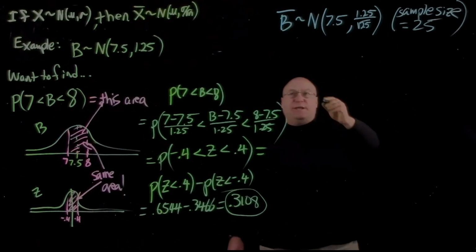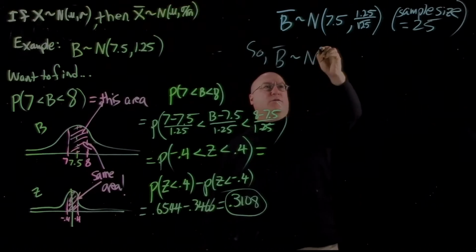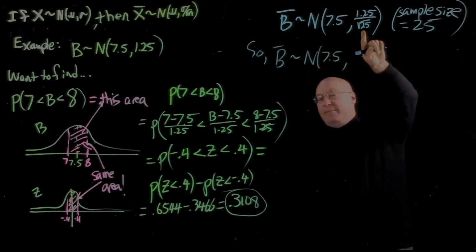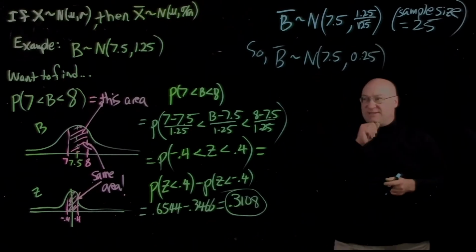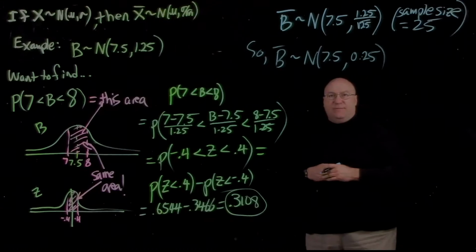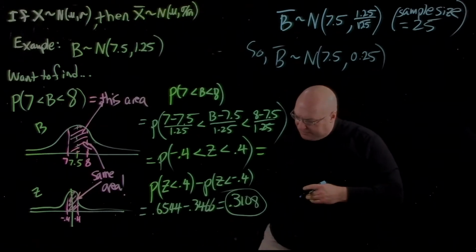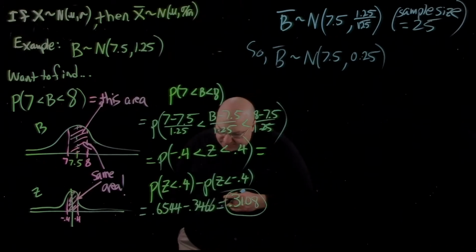So B bar is normal with mean 7.5 and, if you work that through, you're dividing by 5, so you end up getting 0.25. Smaller standard deviation, okay?